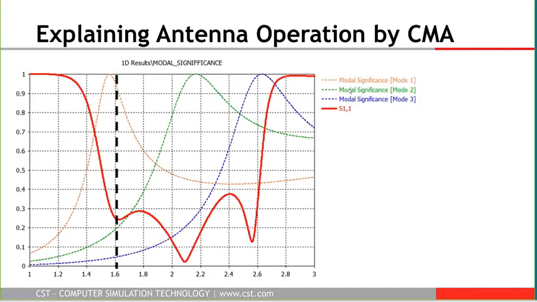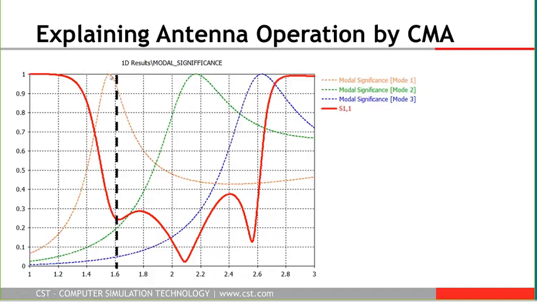So in this graph, I performed a modal analysis by CMA. These are the dashed curves, and they display the modal significance of each of the modes depending on frequency. So we can see that we have three modes which have a resonance.